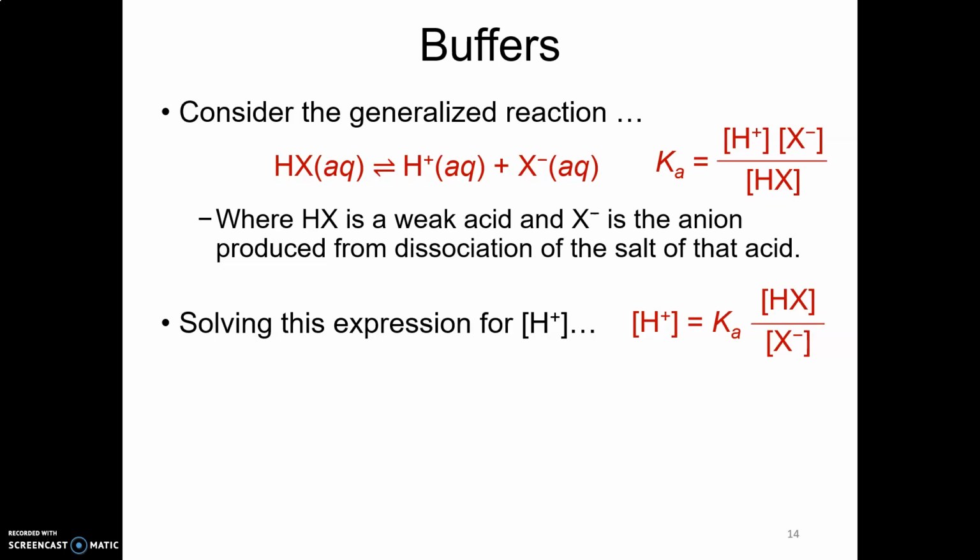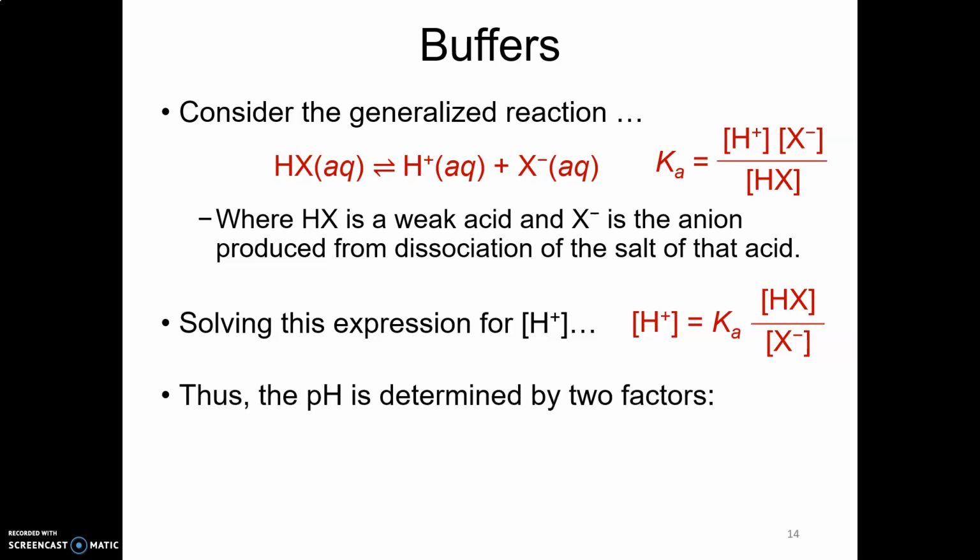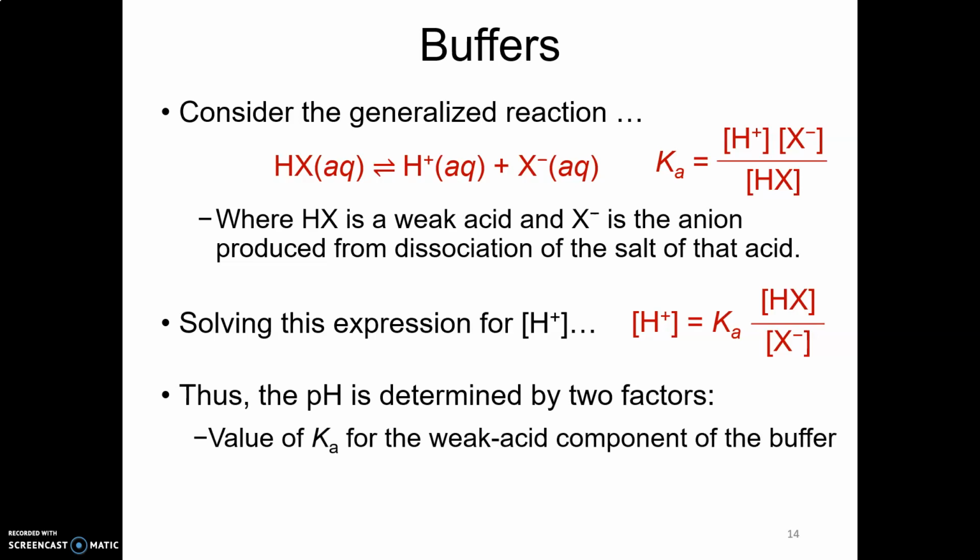So if you look here, the concentration of the proton is dependent upon two primary things. One of them is the Ka, which is going to change depending upon what the weak acid component of the buffer is, right? So the higher the Ka, the more acidic a substance is. The lower the Ka, the less acidic a substance is.